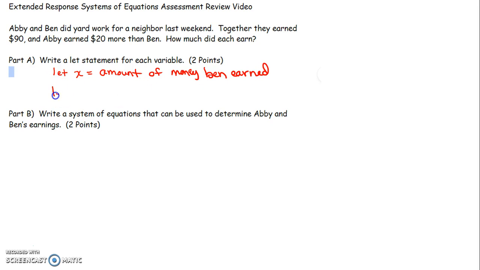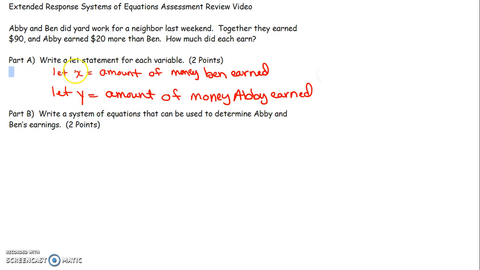And then we'll let y equal the amount of money Abby earned. Then part B says, write a system of equations that can be used to determine Abby and Ben's earnings.